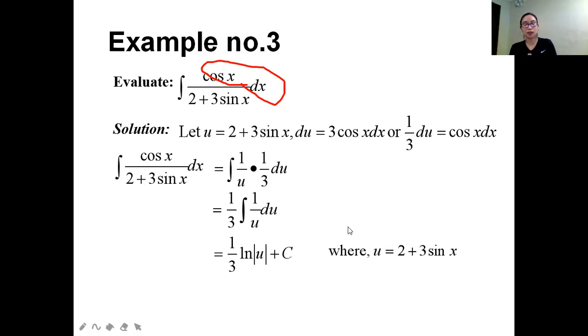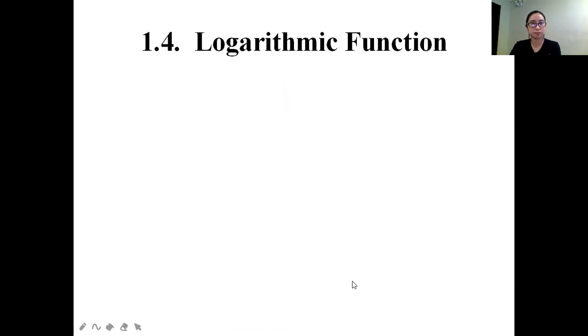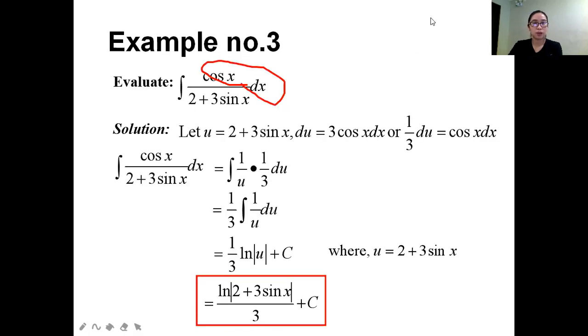This is in our table from week 1. So we go back to where u is equal to 2 plus 3 sine x. Your solution should be a step by step process. So our final answer is ln absolute value of 2 plus 3 sine x over 3 plus c. So that ends our trigonometric functions examples using chain rule.